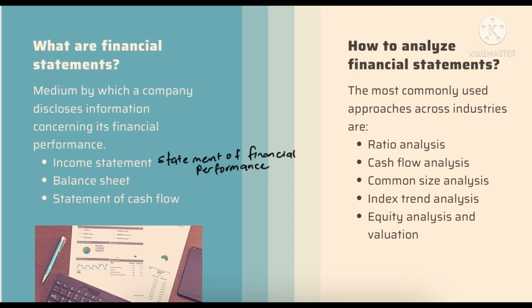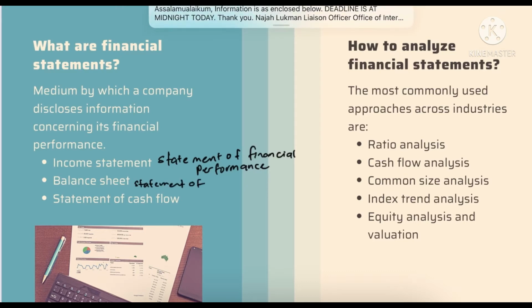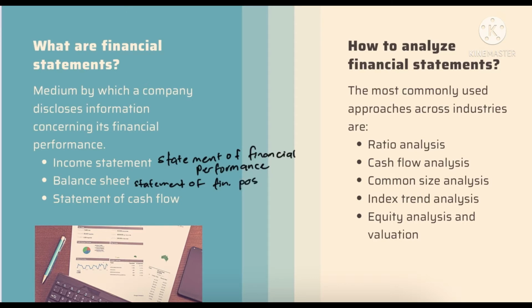Number 2 is the balance sheet. I'm sure that you are already familiar with all of these financial statements. The balance sheet is also known as the statement of financial position, where we want to know the position of assets and liabilities of the company.